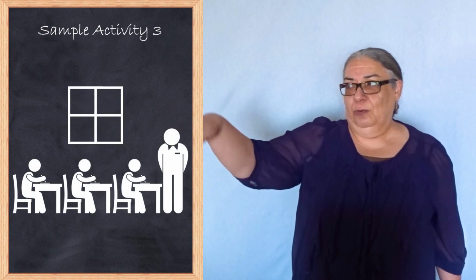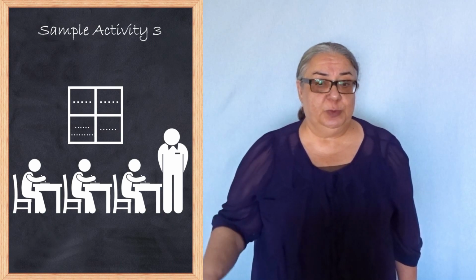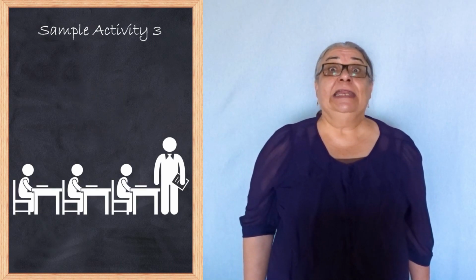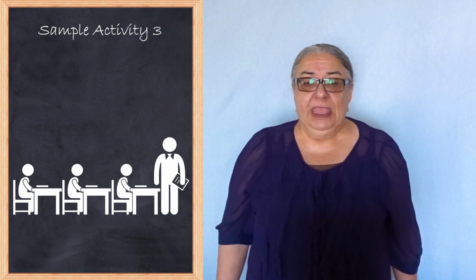Okay, draw one big square and then divide it into 4 and write 4 items in each box. And then you can collect all the papers, shuffle them, okay, without names, of course, there are no names on them, and call a student.